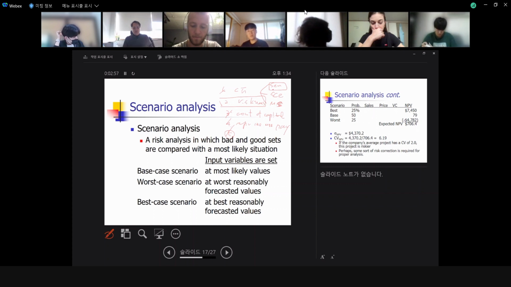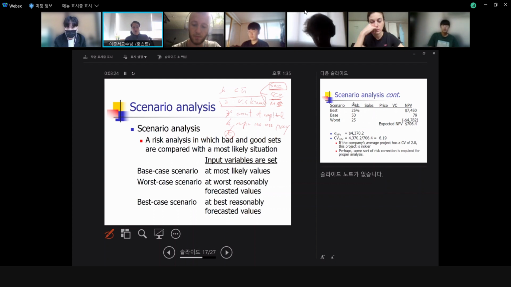That's the sensitivity analysis. Scenario analysis is similar to sensitivity analysis, but the difference is that we change all of the variables in the same direction with respect to net present value.